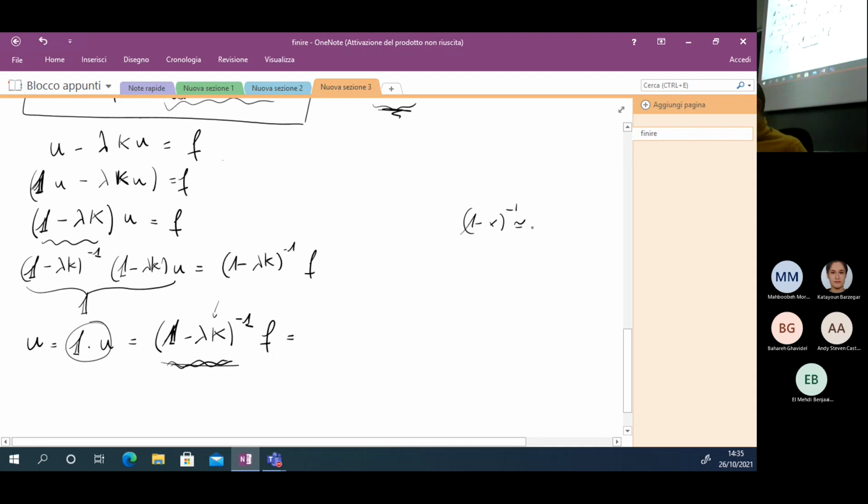This would be something like 1 plus x plus x squared plus x cubed, etc. In this case, that's exactly the same. So you write this operator here as identity plus lambda K plus lambda squared K squared plus higher order operators. And this thing acts on the function f.